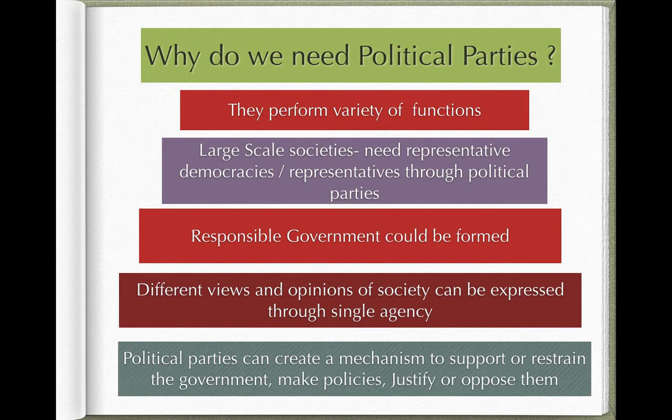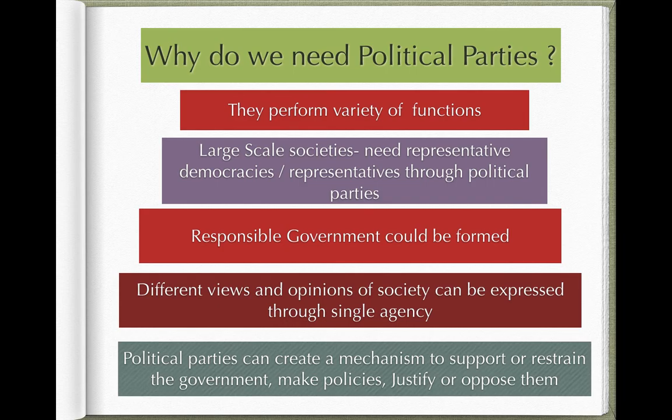Okay, the third reason is that, for a responsible government to be formed, we need to have political parties. Okay, the next reason is because the different views and opinions of the society can be expressed through a single agency. As we have discussed earlier, political parties bring together the different views and opinions of people.